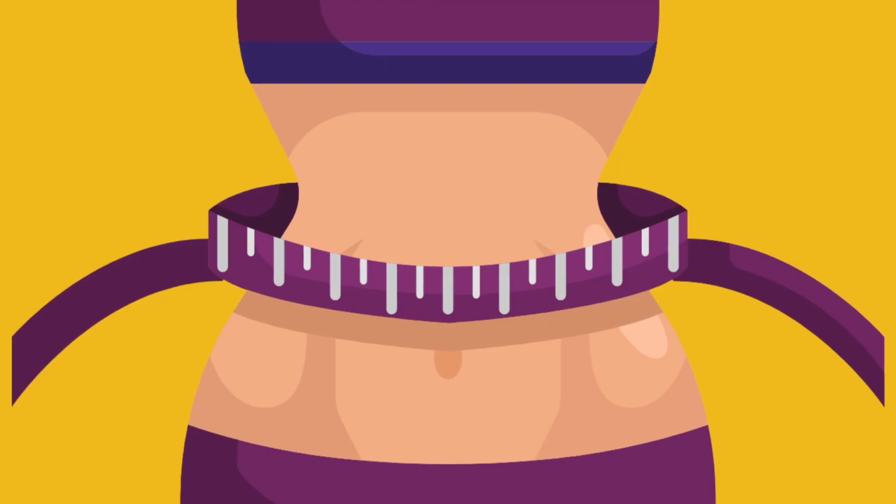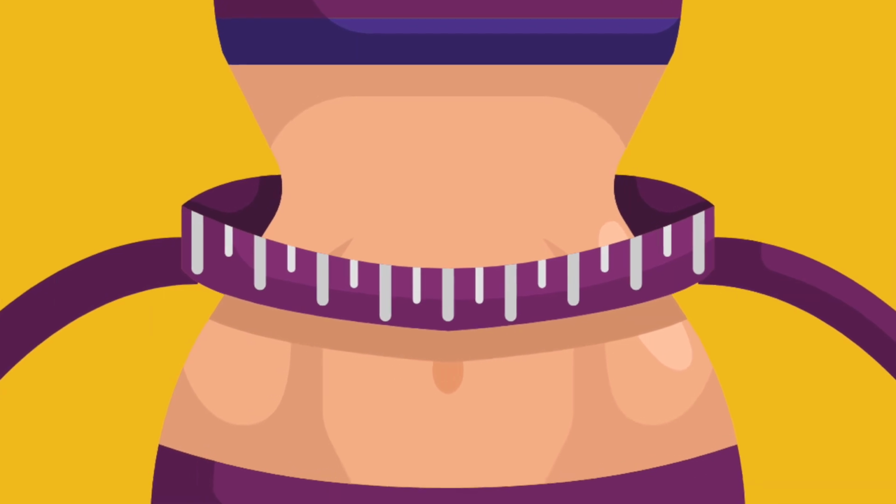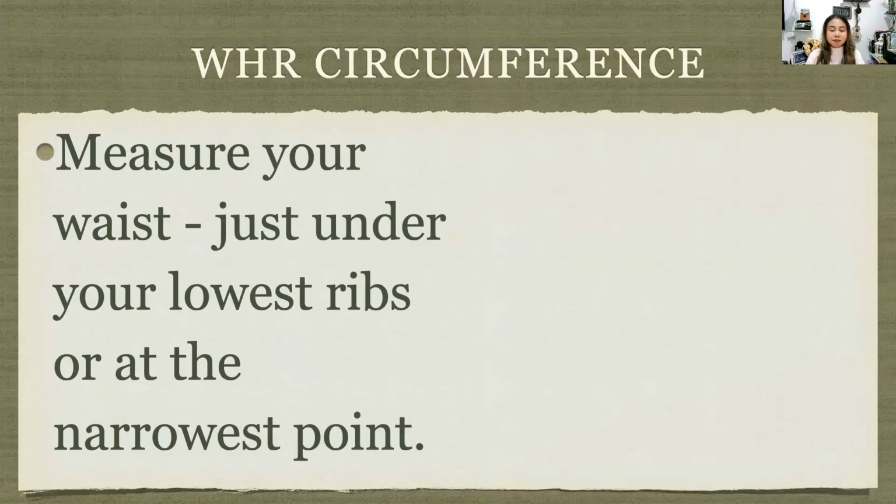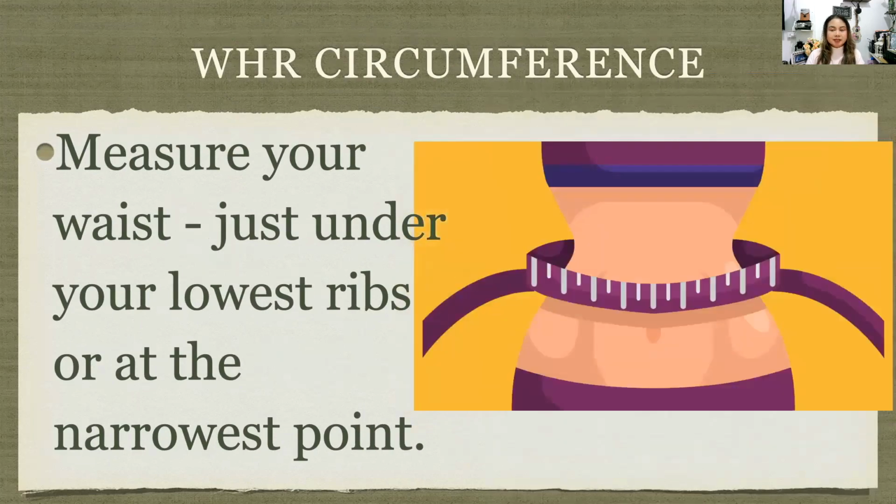Looking at the waist, it is the narrowest part of your body, just under the lowest ribs or at the narrowest point. Make sure to measure it in centimeters.